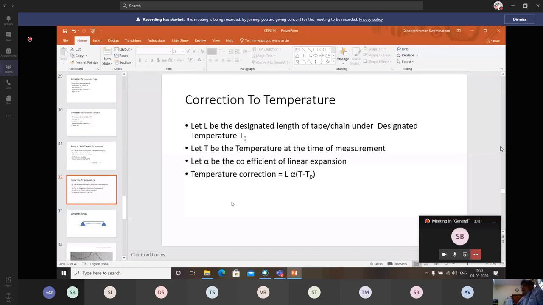The tape will contract. So if the term within the bracket, T minus T naught, is positive, the correction is positive. If T minus T naught is negative, the correction is negative. Do you get the point? All of you? Yes, sir.